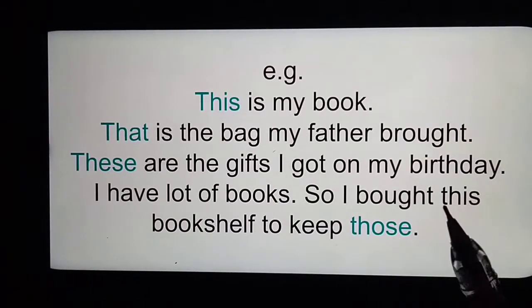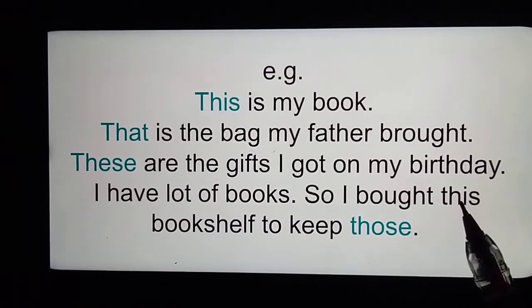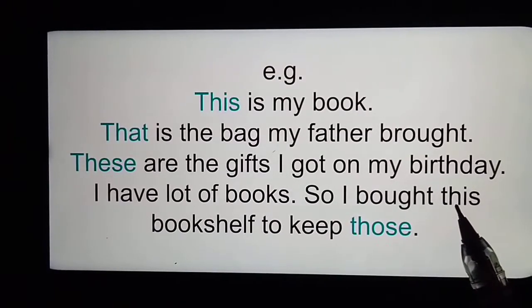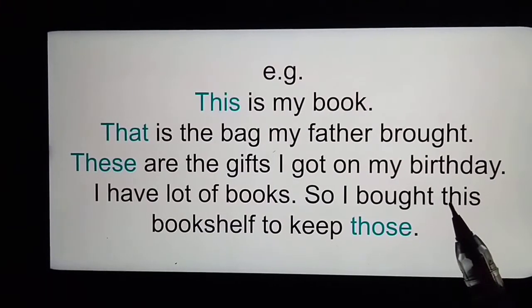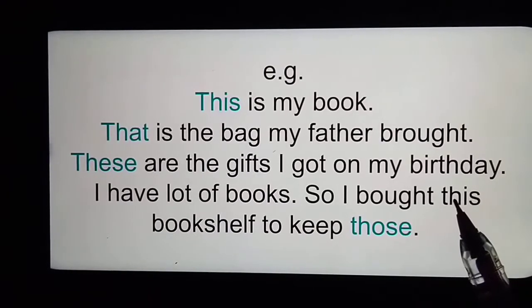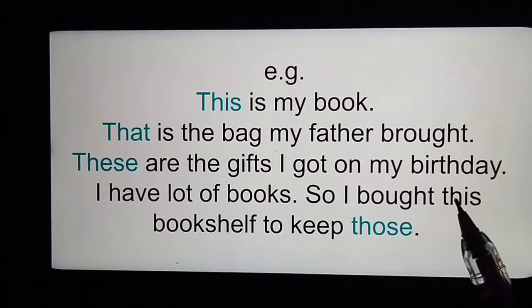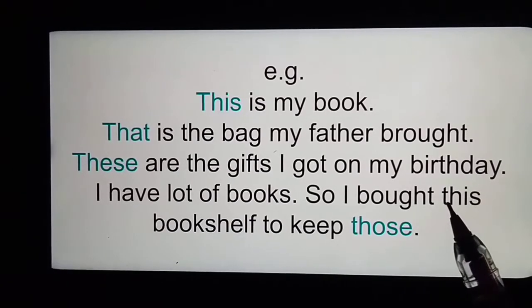You can ask me that ma'am, this, the word is also a pronoun, right? But beta, this is not a pronoun. This is an adjective. How will you find out the difference between an adjective and a pronoun? When we learn adjectives, I'll tell you that there is one type of adjective that is demonstrative adjective, and the same words, that is this, that, these and those, are used as demonstrative adjectives too.